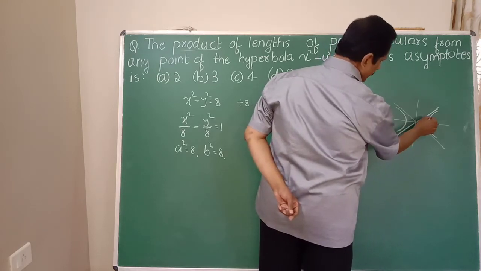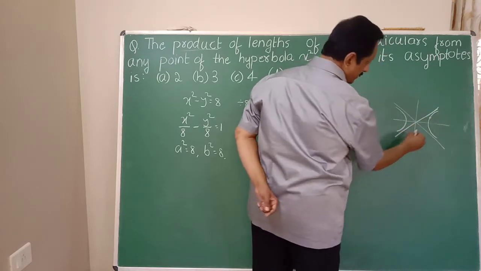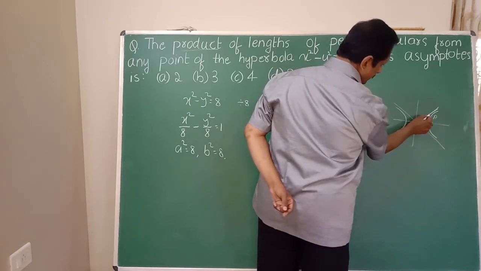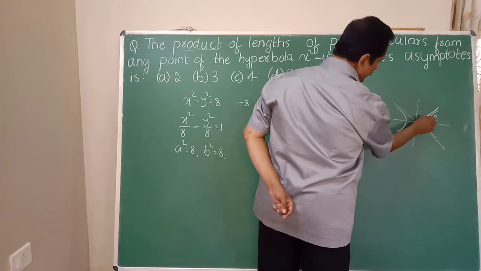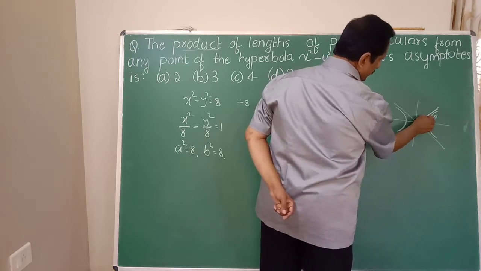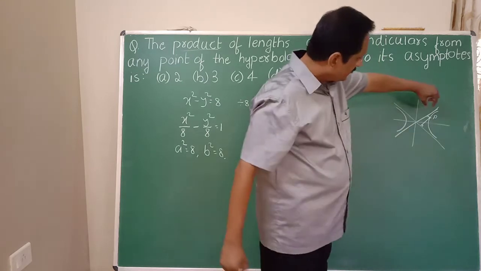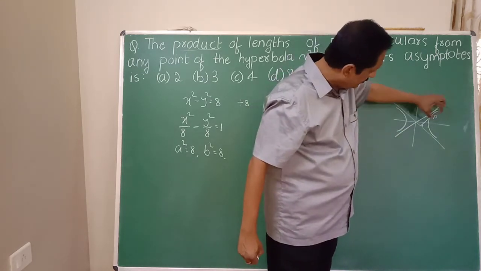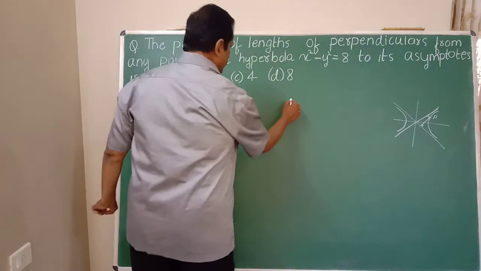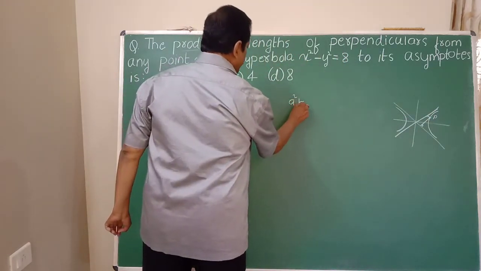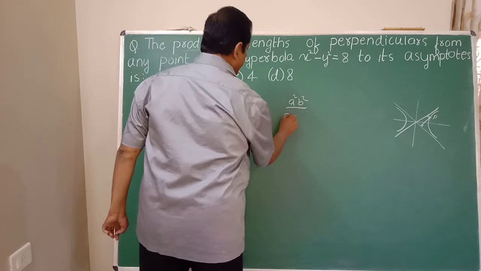If you take a point P on the hyperbola, then draw a perpendicular to this asymptote and a perpendicular to this asymptote. So this is D1 and this is D2. Its product is given by the formula a square b square divided by a square plus b square.